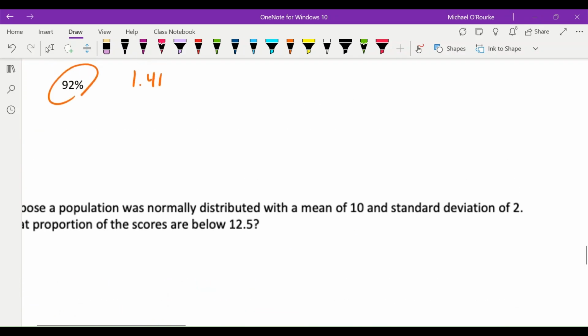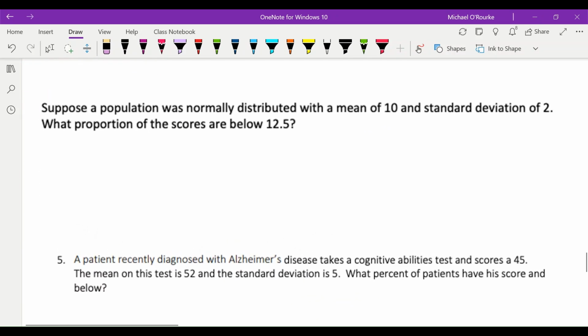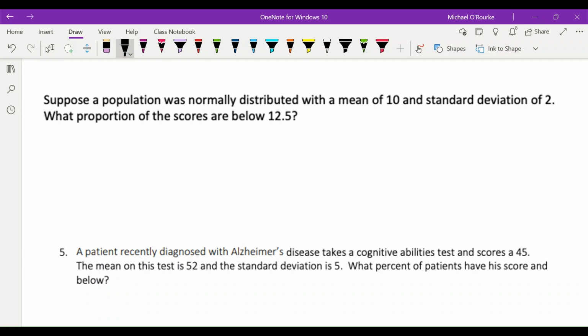Now remember, our z-score formula is as follows. Z equals the x minus the mean divided by standard deviation. So suppose a population was normally distributed with a mean of 10. So I know my mean is 10. A standard deviation of 2. What proportion or percentage of the scores are below 12.5?